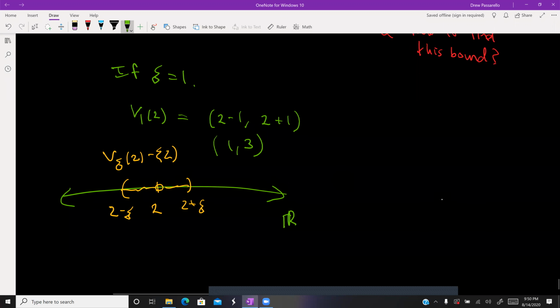So this is our delta neighborhood around 2 using delta being 1.